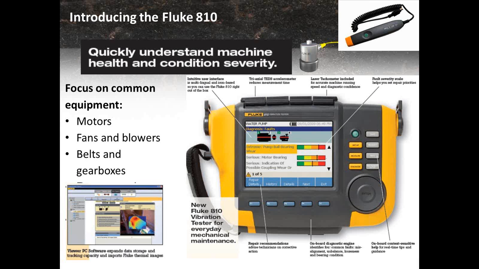One of them is doing a bump test, because that takes a highly trained vibration person to know how to do it. The 810 is designed to be simple and easy so that anybody without vibration experience can still use it, so a bump test is not something we're going to do.